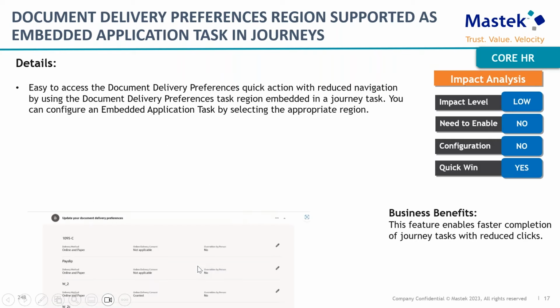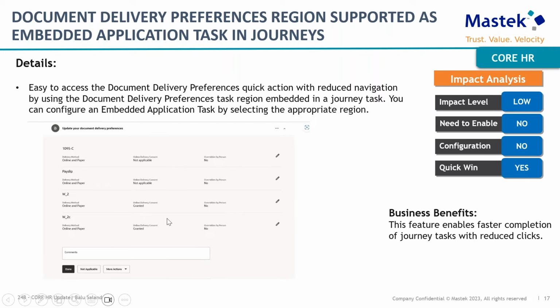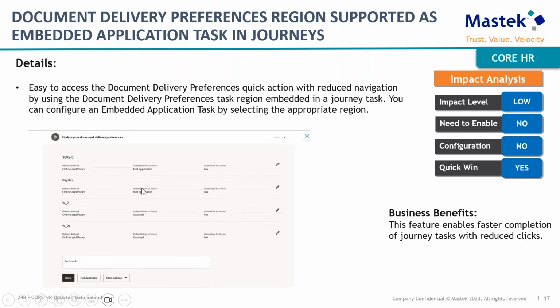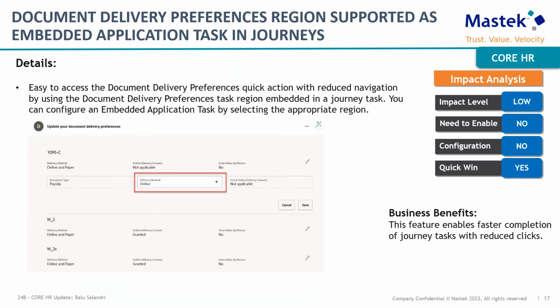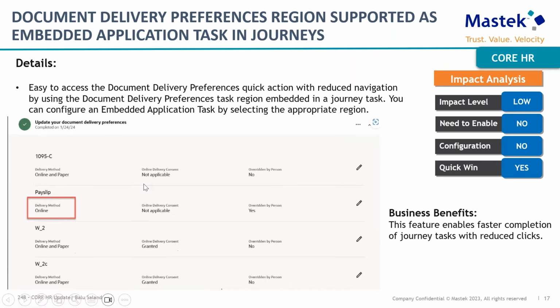With this feature, user will be able to update or complete the task by selecting the document delivery preferences. For a payslip, if earlier it was not applicable, a user with this task can update it to online delivery method, and it will be updated accordingly for the document delivery preferences for that person.